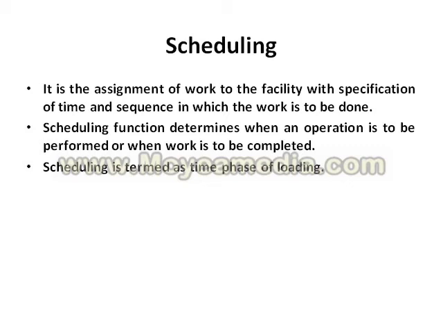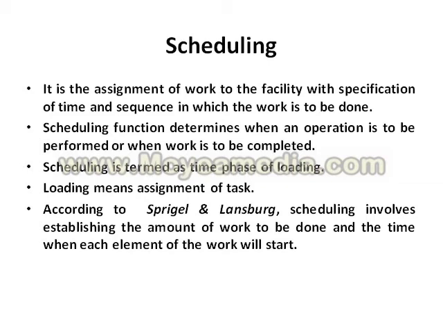Say you are having n jobs and only three machines. You need to cover all the n jobs that are required to be completed. So in those cases you can go for a perfect scheduling operation. And please remember that it's a time phase of loading. So the time of completion is very important.